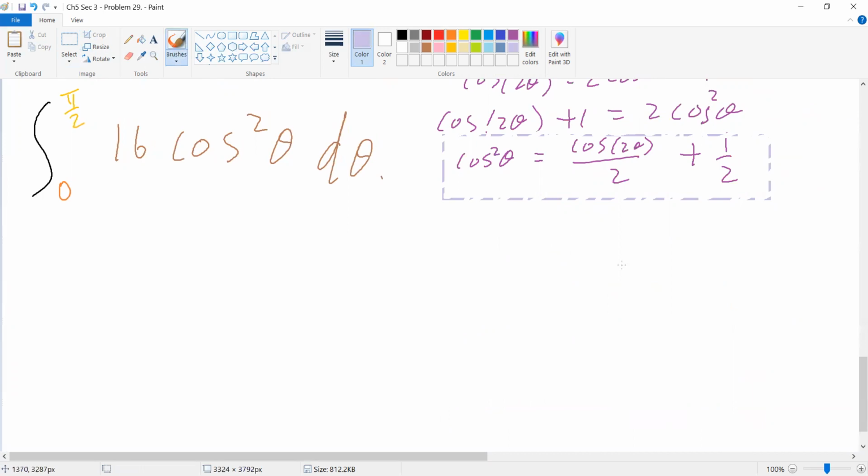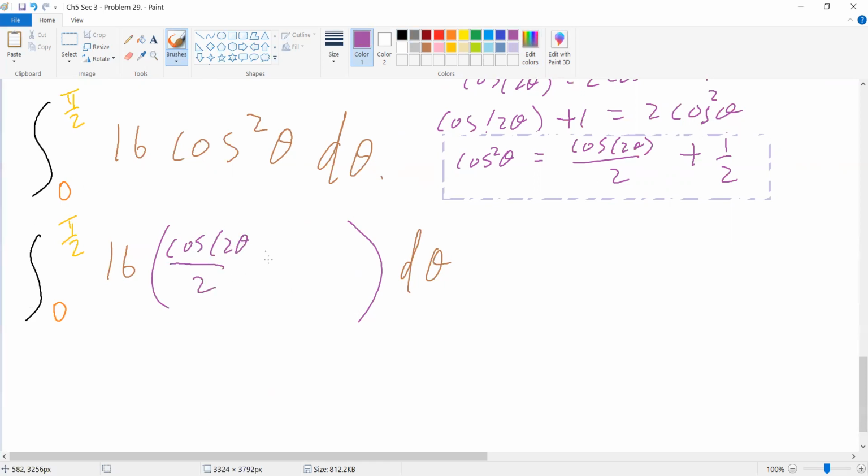So we have the integral from 0 to pi over 2 of 16, and I'm drawing parentheses here because we're going to do a substitution, and then d theta. In this substitution, I have cosine of 2 theta all over 2 plus 1/2.